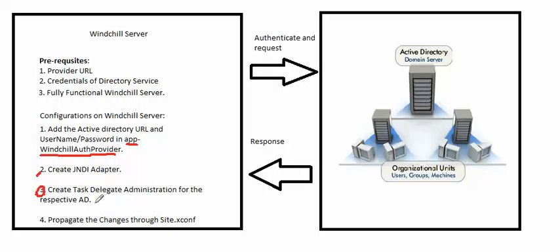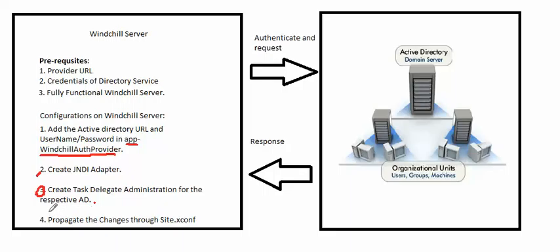Task delegation is an additional property in Windchill where a user can delegate a task to another user. We create this task delegate administration for the respective AD that we configure, so that all the users in that particular Active Directory can perform this action of delegating tasks in Windchill.